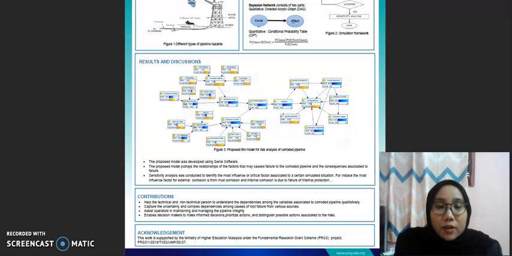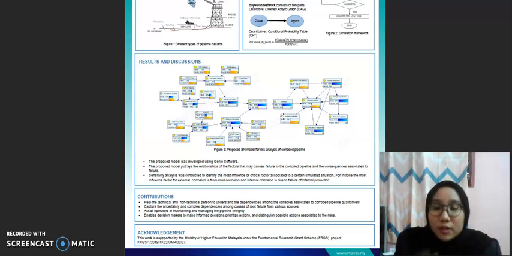So for the contribution, a proposed model was developed based on the data gathered from various sources. The developed directed acyclic graph may help technical and non-technical persons to understand the dependencies among the variables associated with the corroded pipeline qualitatively.